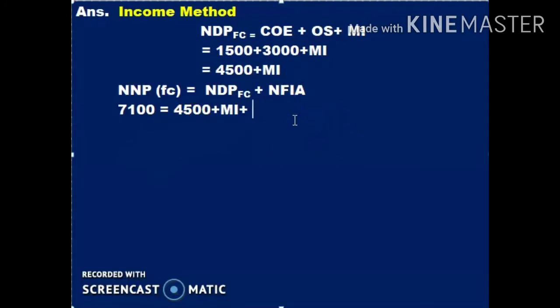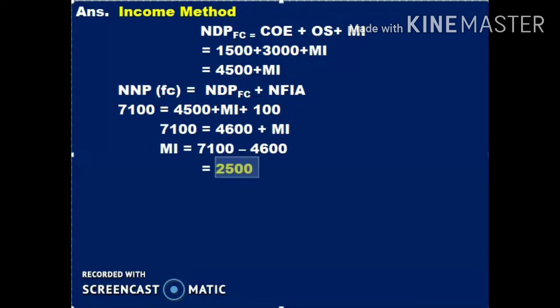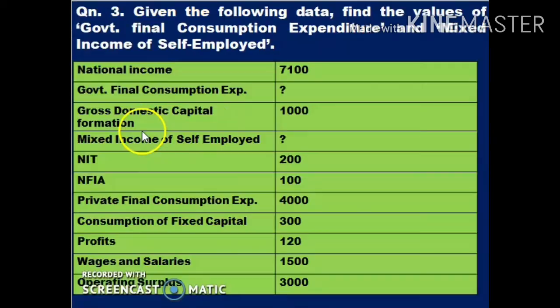Then what will be the answer? You just add the other terms and subtract from 7100. Then you will be getting MI. At last you will get the answer as 2500. So mixed income is 2500.